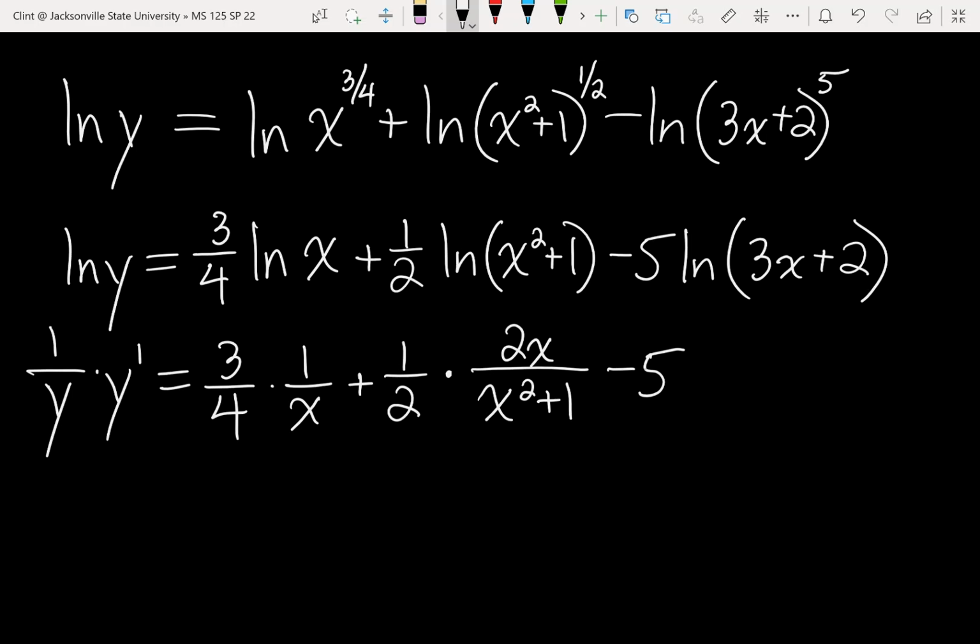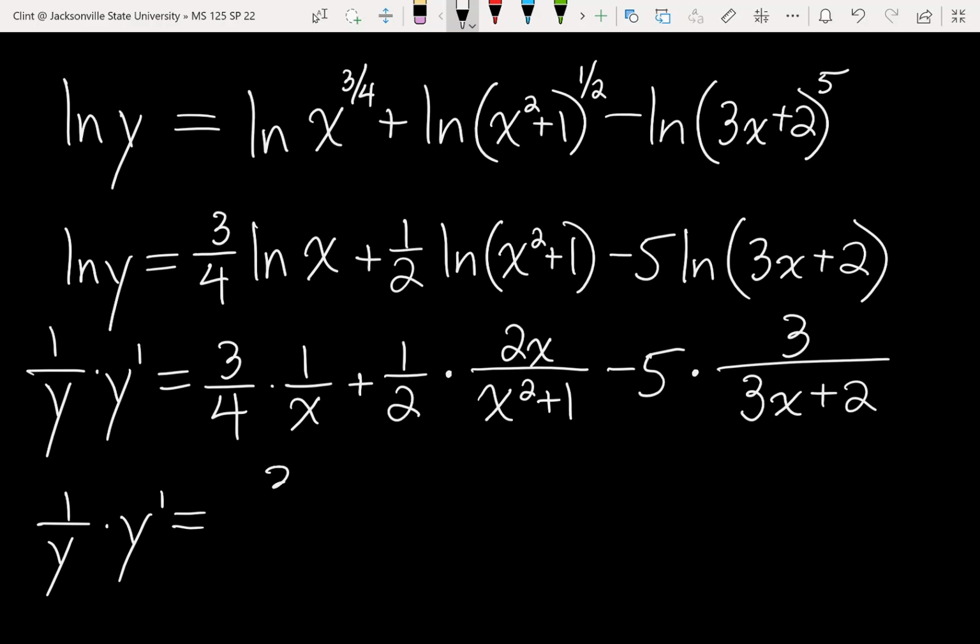Minus 5 times, again, we've got 1 over 3x plus 2. And then the derivative of that is 3, so u prime over u. We didn't have to use product or quotient rule in there, so really nice. We just have a little bit of work to do.